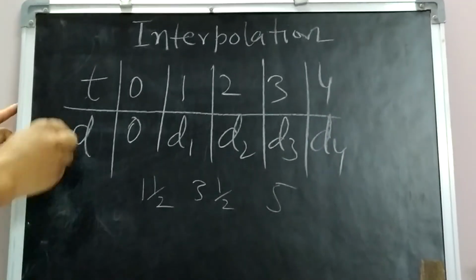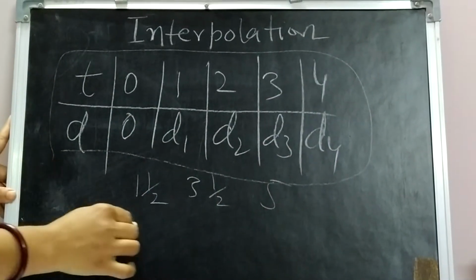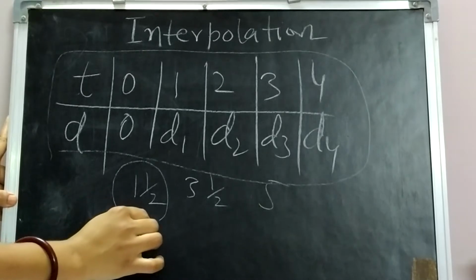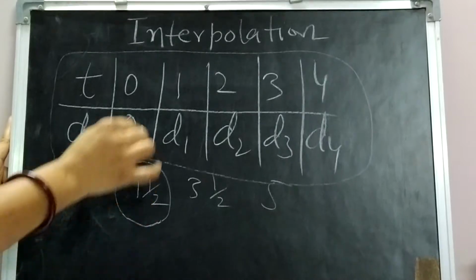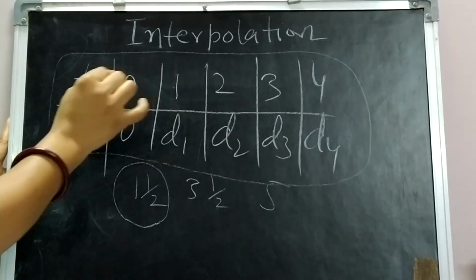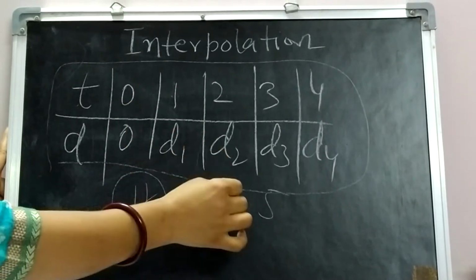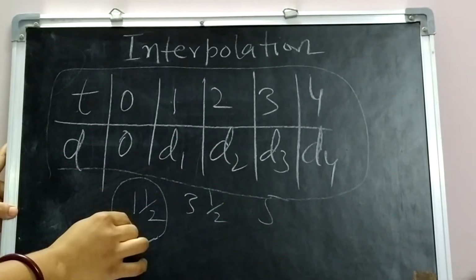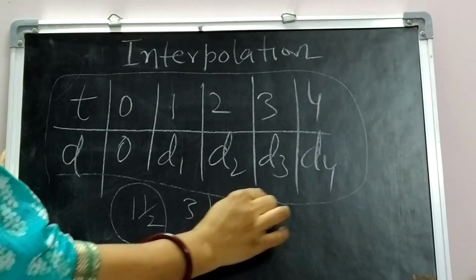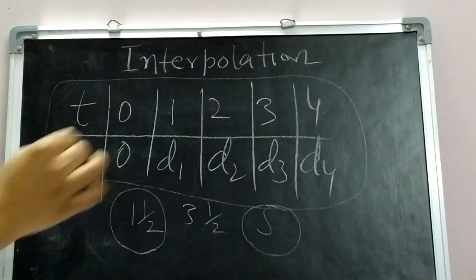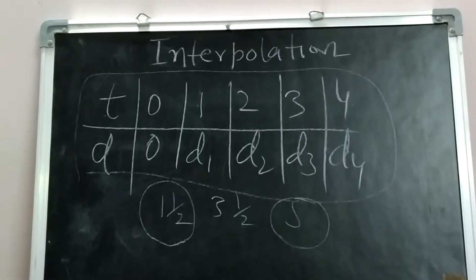We are given this data, and using only this data our aim is to find the number of deaths for some value lying in between the given values of t, but whose exact value is not given. There are two possibilities. The required value may lie in the intermediate of these values, or if we require it at 5, it may lie outside the given data. So how can we do this?